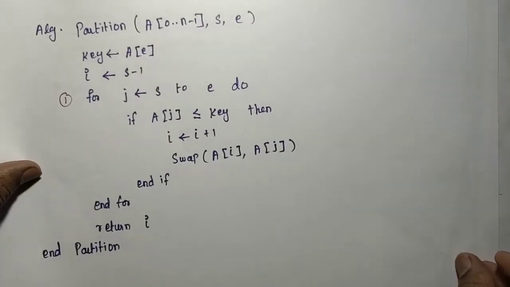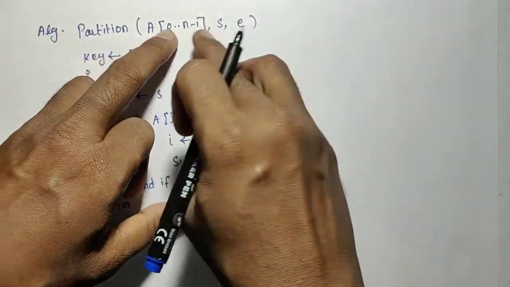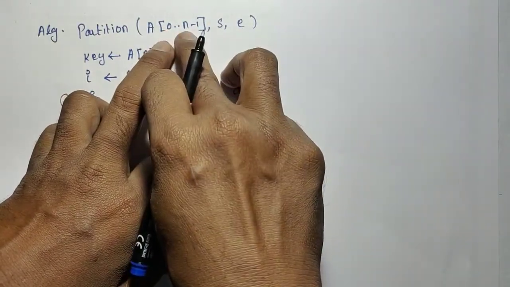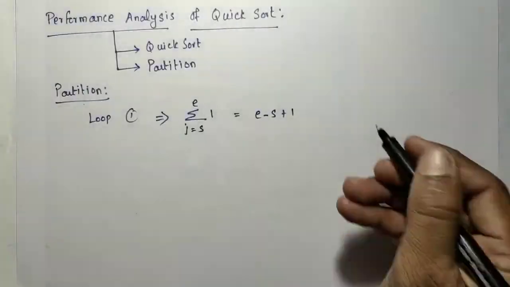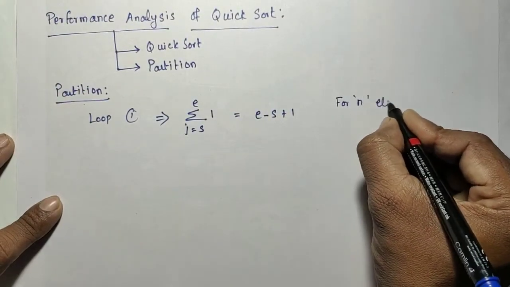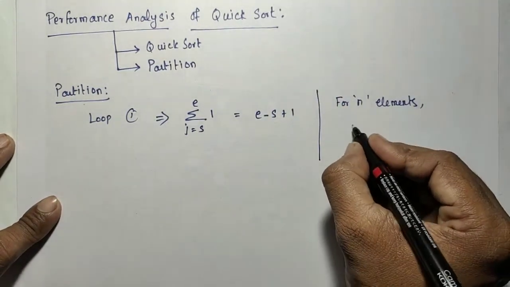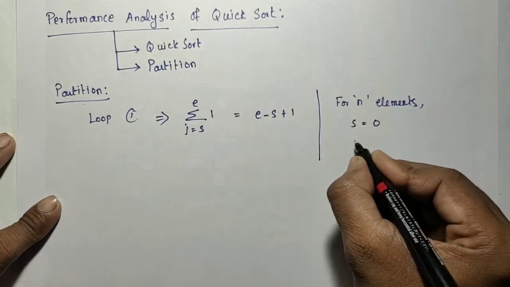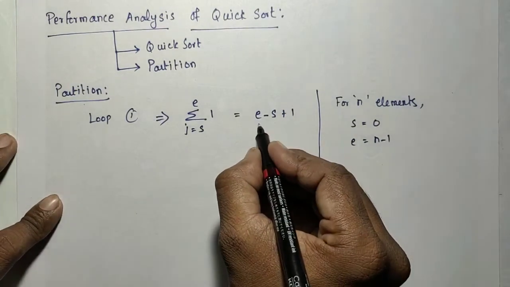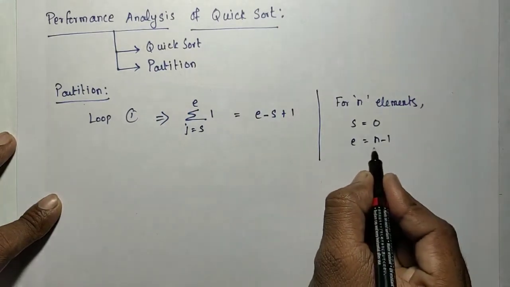In the first case, if you want to partition the entire n elements, 0 to n minus 1, s will be 0 and e will be n minus 1. We need the complexity in terms of n.